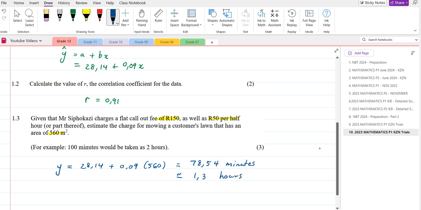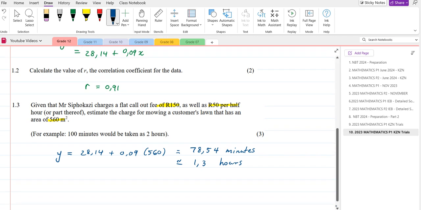Right, so for this 0,3 you still have to pay. You still have to pay that 50 rand per half an hour. So you've got approximately 3 half hours here. So to find the total cost, we're going to say flat rate of 150 plus 50 times 3, because there is 1 full hour which is going to be 100 rands.